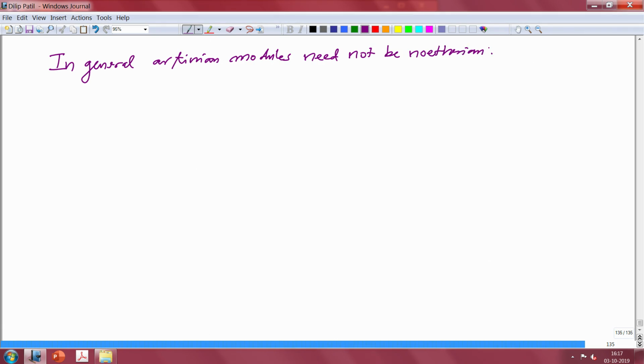Well, I will give examples of this soon, but before I close this, I want to remark something. When do I say a ring is Noetherian? So let us define this.